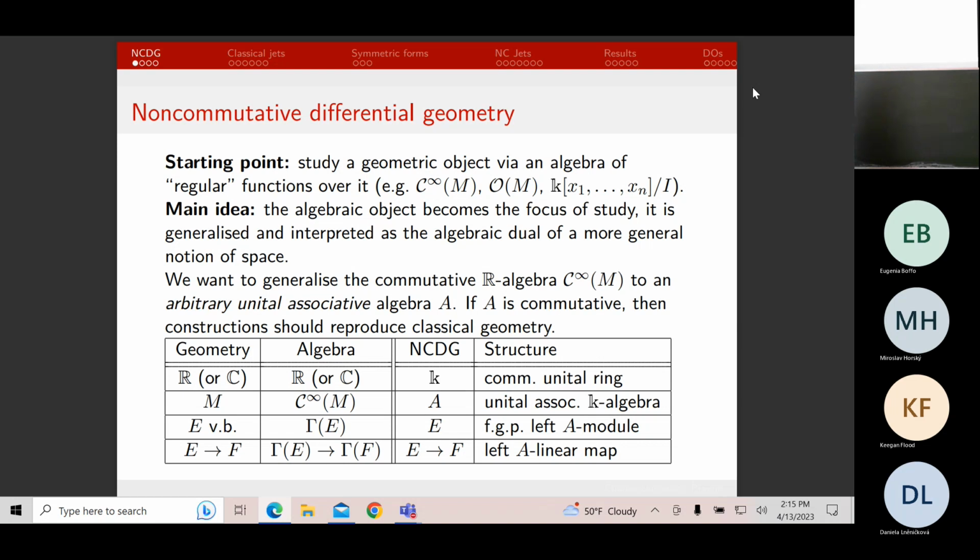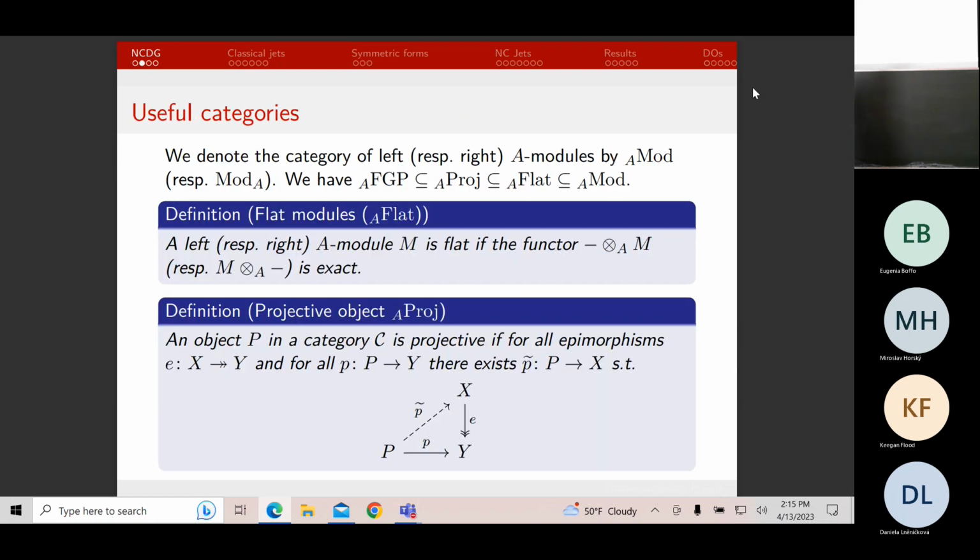Now, a few properties that modules can have, which might be useful for us, are flatness and projectivity, and of course, finitely generated projective. This will be the notation that we use. Left modules will have the A on the left, and right modules will have the A on the right. And then these are the categories of the properties I mentioned before.